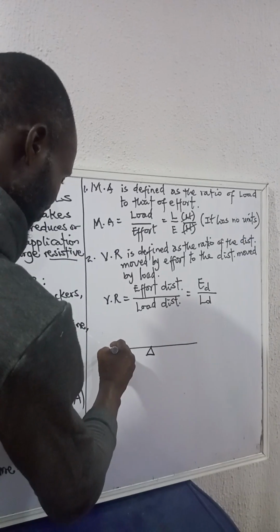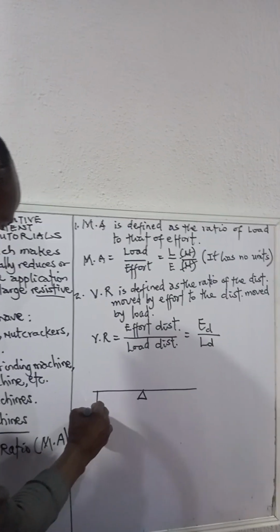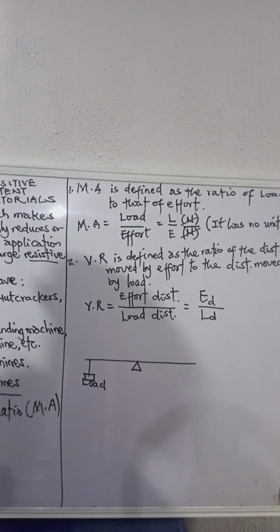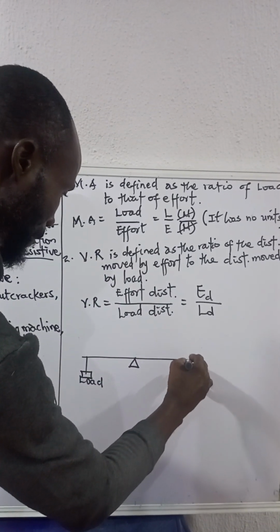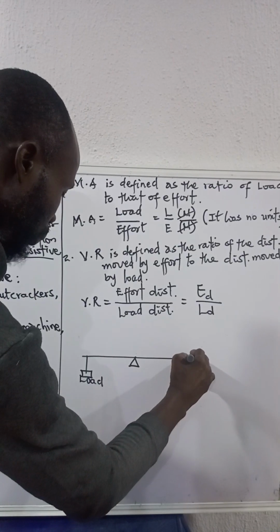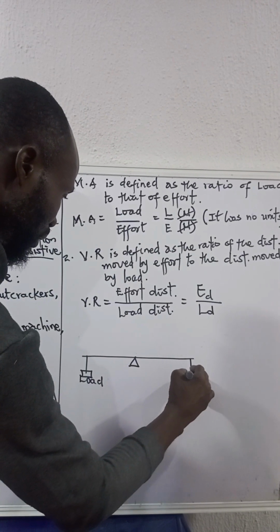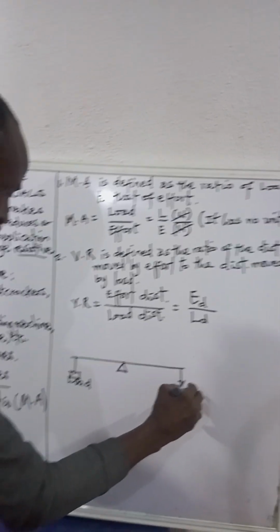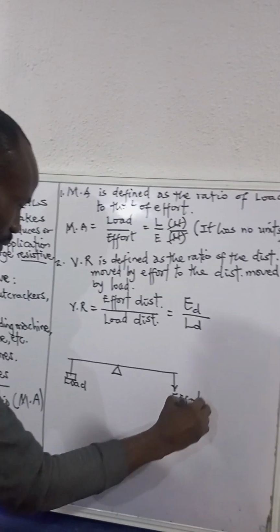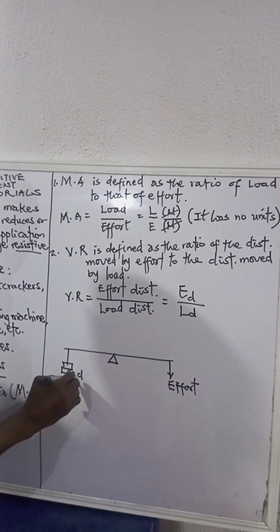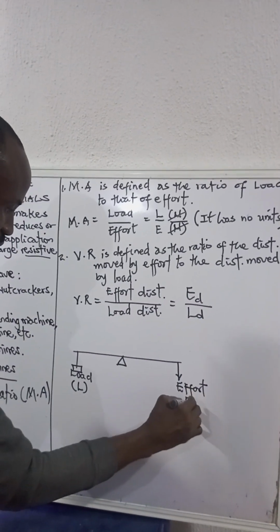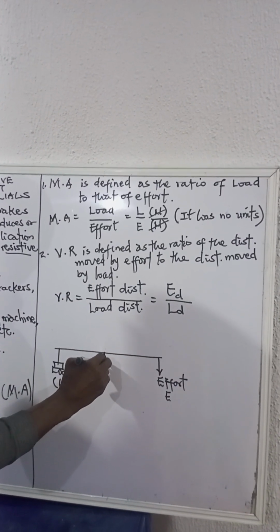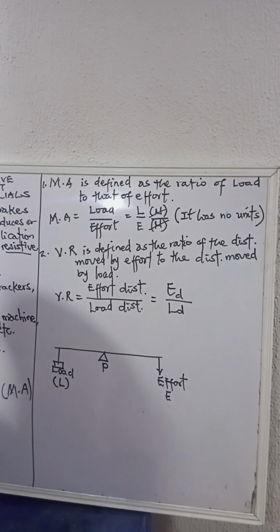If this is represented as load, and the effort which we are trying to apply is this effort, and this is load. This is effort. From this fulcrum or pivot, what is the distance?